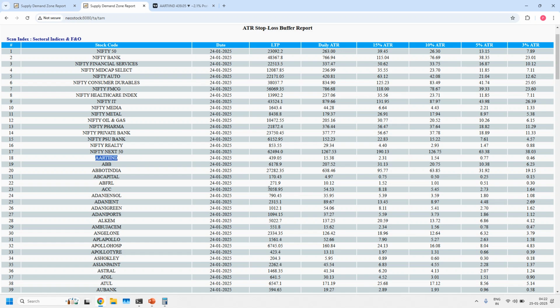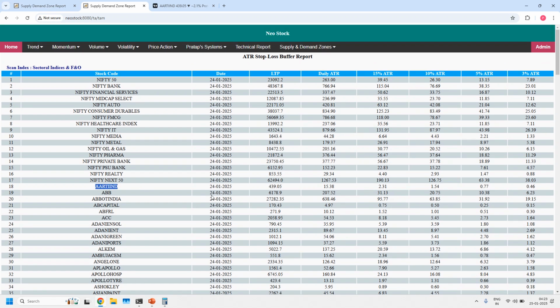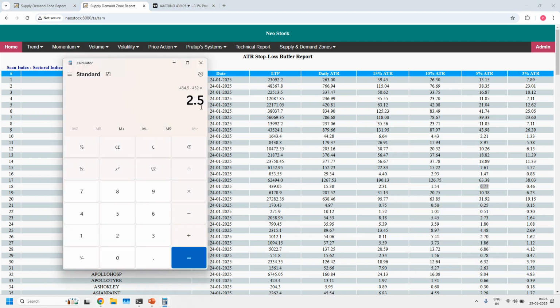Yeah, RT Industries. Which time frame are you selecting? We are selecting 15 minutes. 5 minutes 3% ATR, 15 minutes 5% ATR. So you need to look into the 5% ATR value. So 0.77. This is our existing risk without stop buffer.